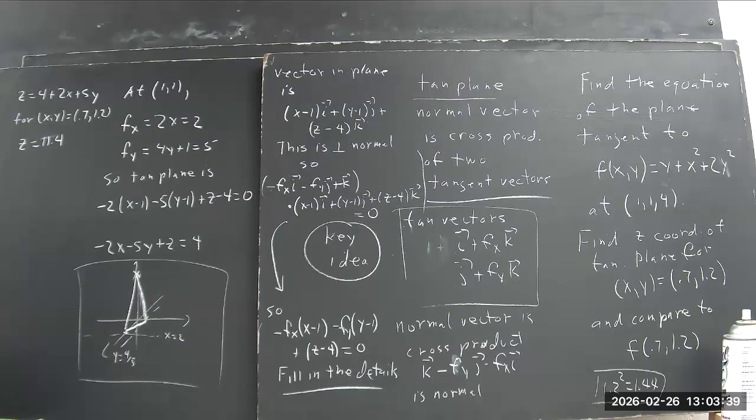Not sure that makes sense. I might have a mistake in there somewhere. So you probably want to work this yourself and make sure it makes sense. Just looking at things, fy is 5, fx is 2, straightforward, cross product. Got to have fx times j and fy times i.